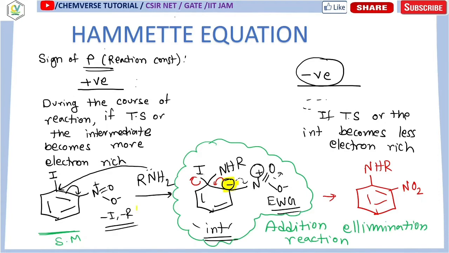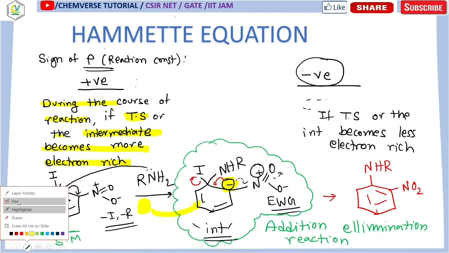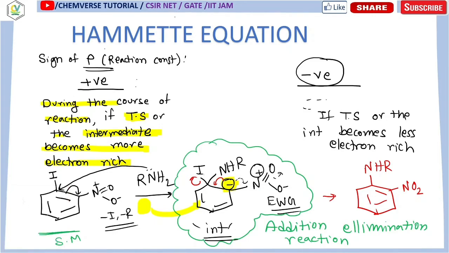So during the course of reaction, the transition state and the intermediate, this intermediate becomes more electron rich. So in this case the value of rho will be positive. For addition elimination reaction, the value of rho will be positive.